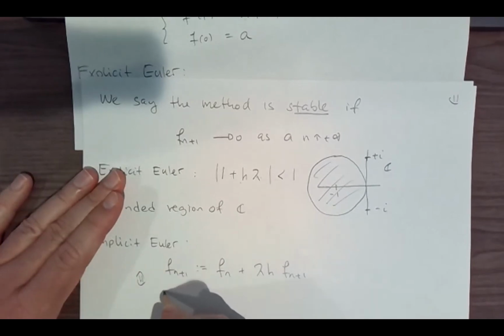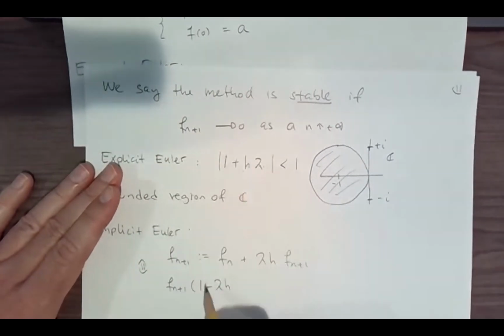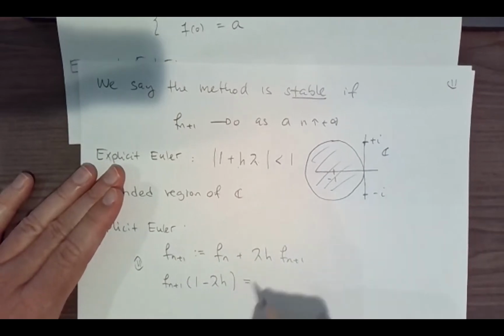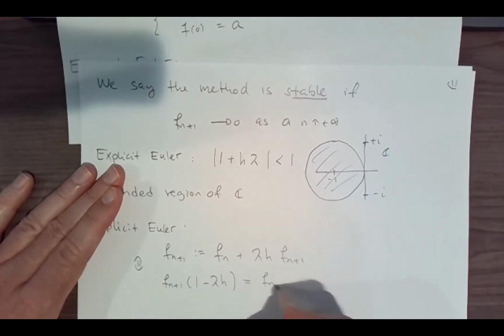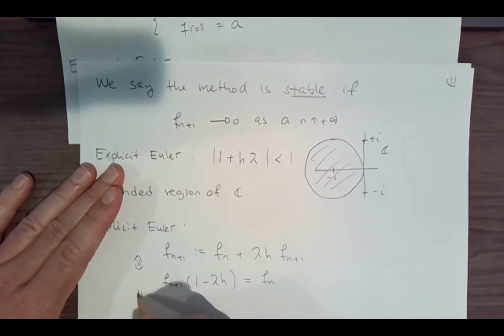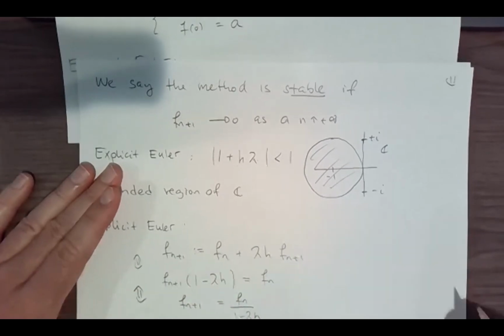This means that fn plus 1 times 1 minus lambda h. So we see there's a sign change now. You get this minus lambda h here. That this has to be fn. Okay, so this means that fn plus 1 has to be fn divided by 1 minus lambda h.